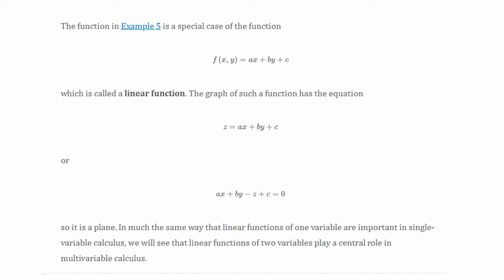So it is a plane, in much the same way that linear functions of one variable are important in single variable calculus. You remember how fundamental it was finding the equation of the tangent line. We will see that linear functions of two variables play a central role in multivariable calculus. Basically, we're finding the equation of the tangent plane.